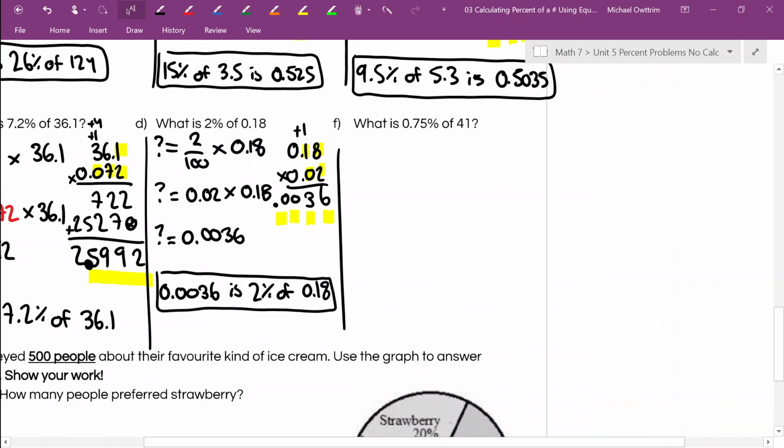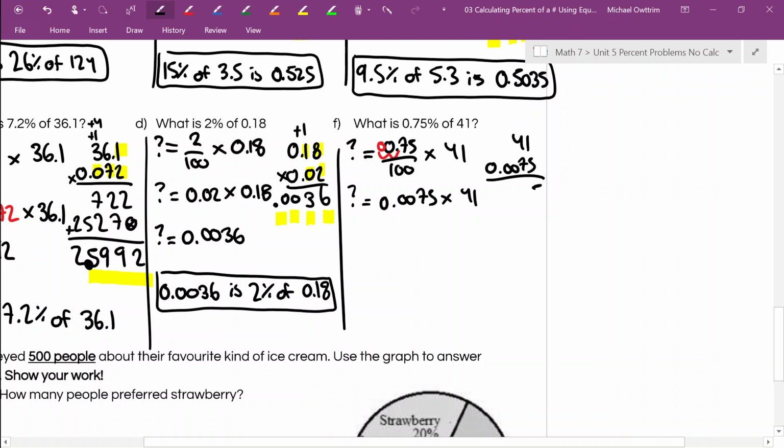Lastly, what is 0.75% of 41? We move our dot twice to convert it to a decimal. Let's multiply those out. 5 times 1 is 5. 5 times 2 is 20.